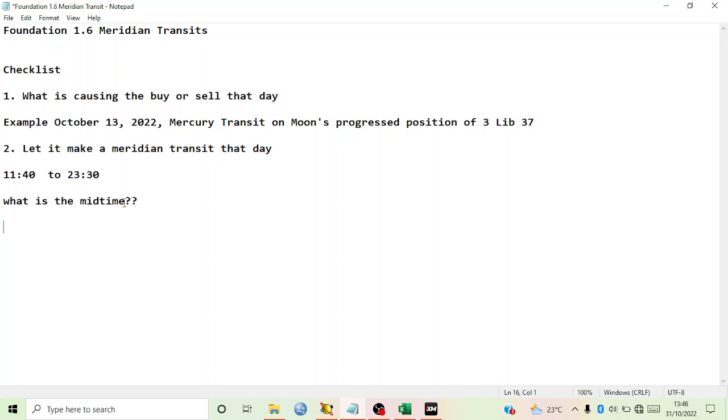The simplest calculation that you can do is simply say your 11 hour plus 23, that gives us 34. Divided by 2, that gives us 17, right? In short, the best way to do this is to say 11 plus 23 divided by 2, which gives us a whole number of 17, right?